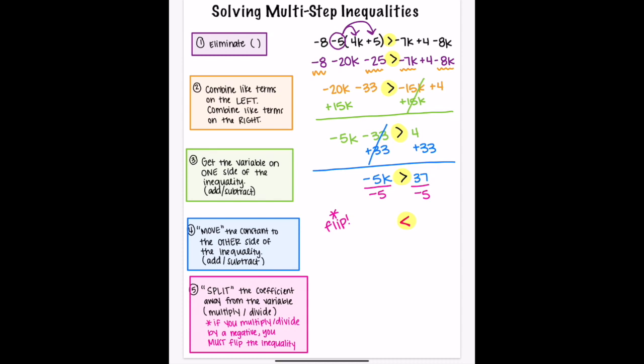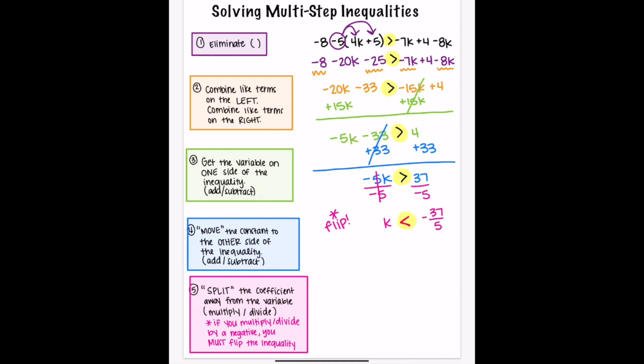Now we can simplify. -5 divided by -5 is a 1, which simplifies to 1k or just k. And then we can write the right side as just an unsimplified fraction because it can't get any more simplified than this.